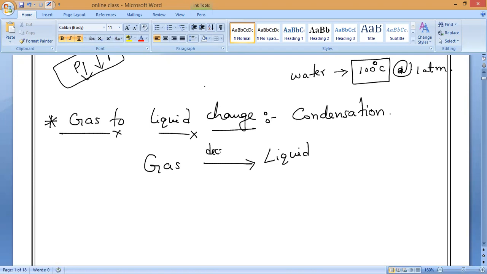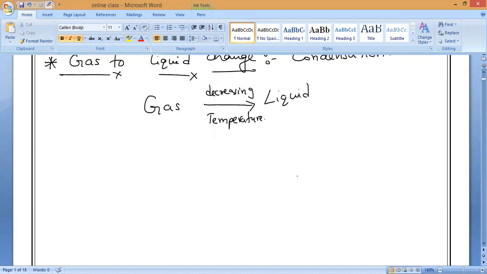So by decreasing temperature, do we call it heating or cooling? Cooling, sir. Decreasing temperature we call cooling. So gas to liquid is known as condensation.